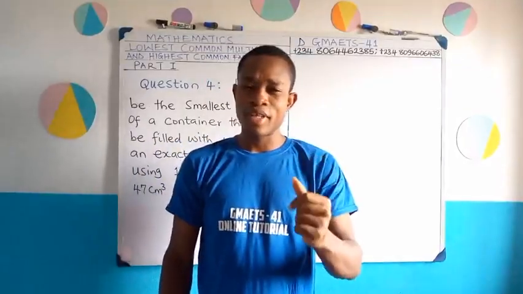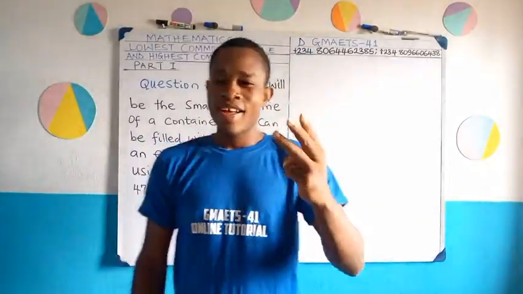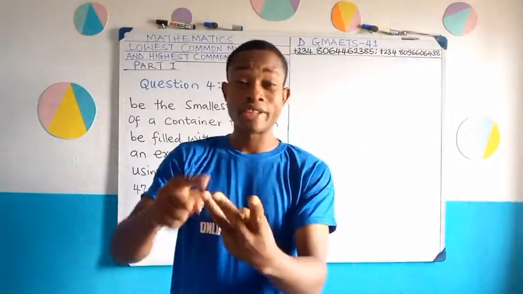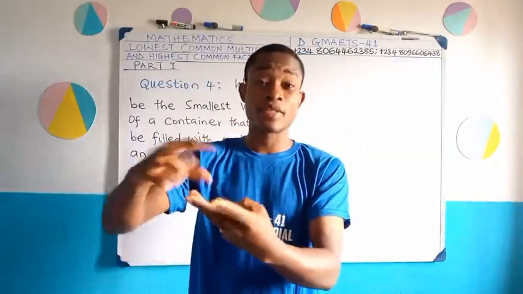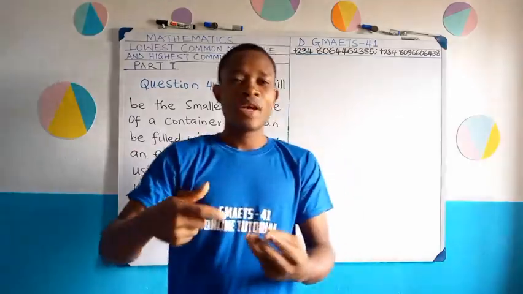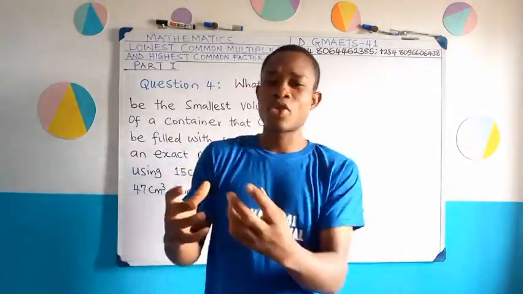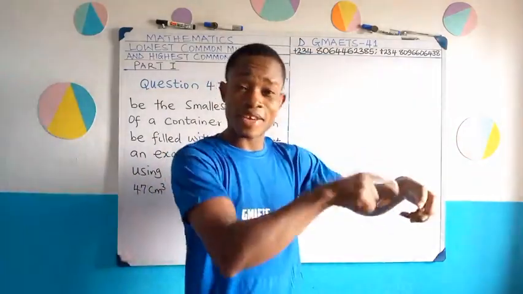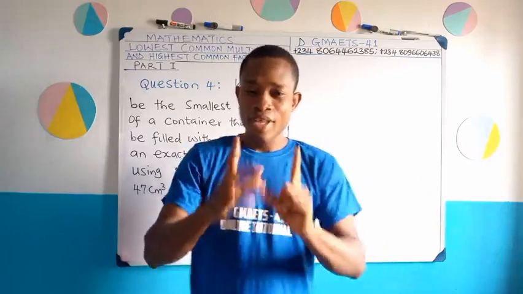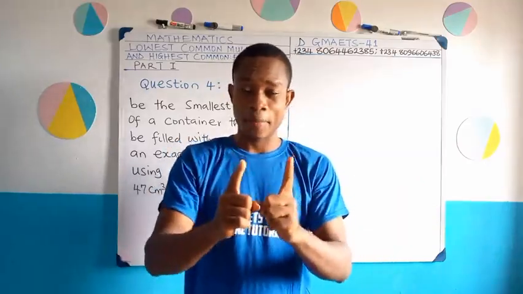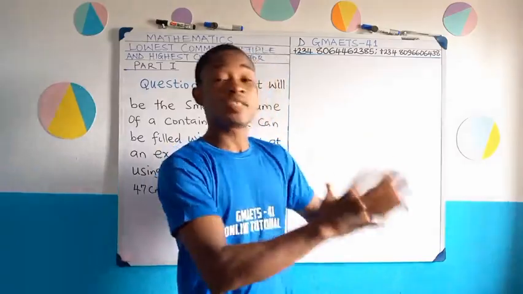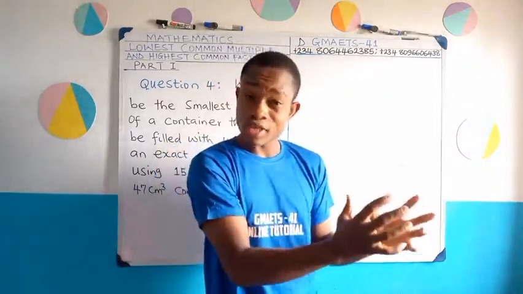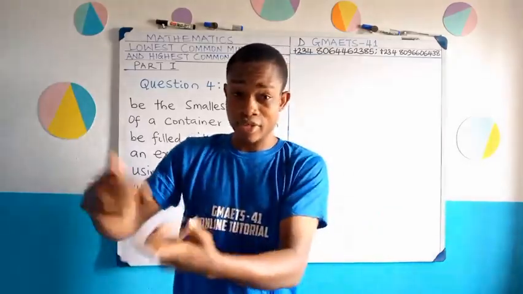Just think about this. I gave you 3 containers, okay, of different sizes, different volumes. And then I ask you to use these containers, fetch water, and fill another container. Now, I gave you this condition. The condition is that this container you are going to fill with water using these 3 containers, just like cups.